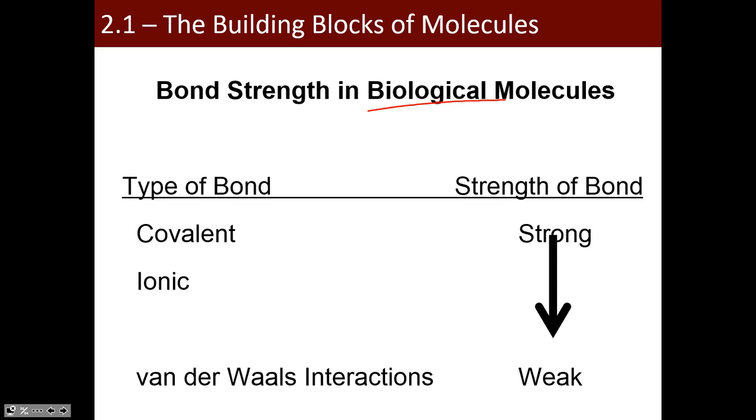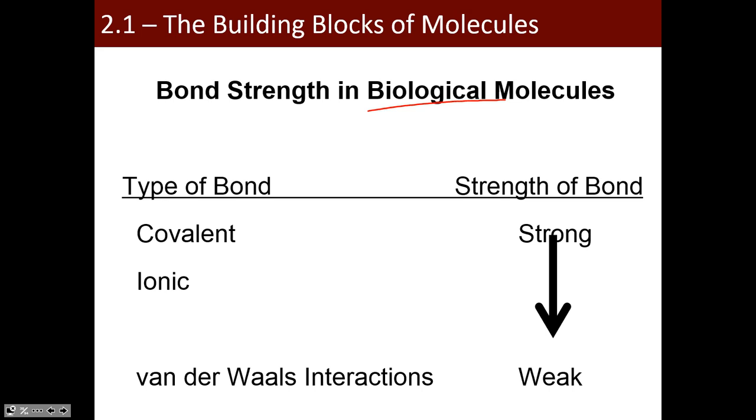Although you probably don't think of yourself as a water-based organism, your body is 70% water by volume. So all of the reactions happening in your body are happening in water. So the bonds in your body are in water, and therefore ionic bonds are in the middle. They're not as strong as covalent bonds.